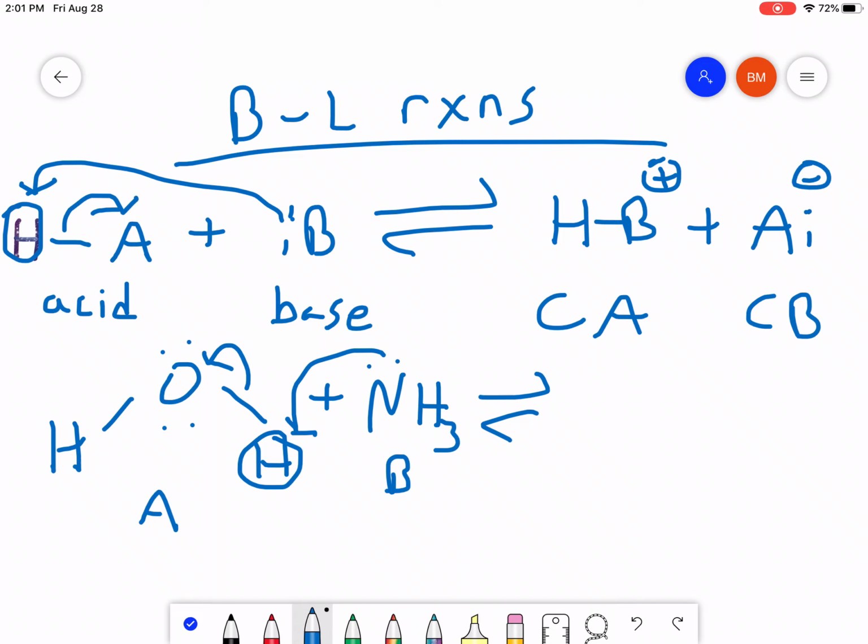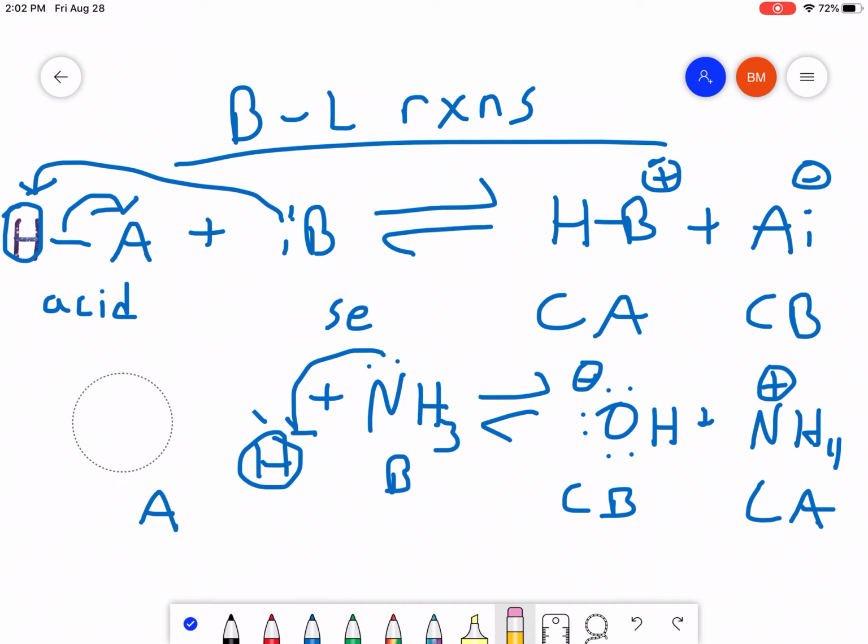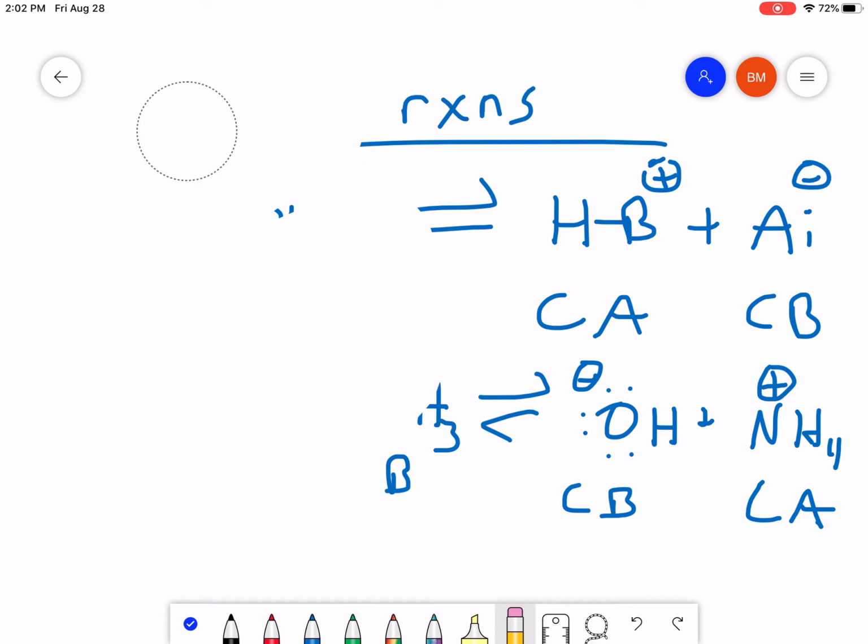So since water is giving up its proton, it's the acid, and you form OH minus, right? That's the leftover from the acid, so that's the conjugate base. And you form the ammonium ion, and the nitrogen has a positive charge. That's your conjugate acid. Okay? Hopefully this all brings back memories. You guys have done this before. Shouldn't be too difficult. All right.